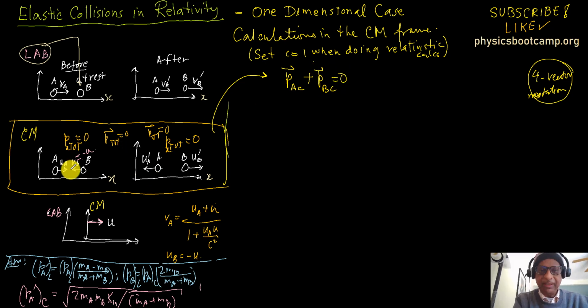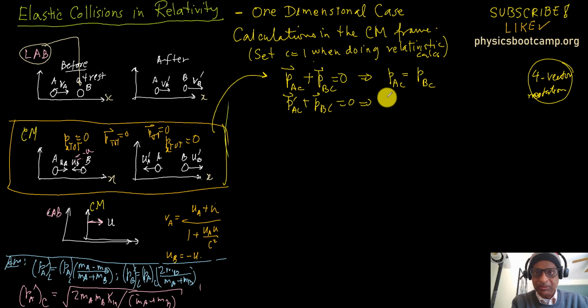Now all along the x-axis, so this just means PA in magnitude equals PB in magnitude. And similarly, P prime AC plus P prime BC equals 0. This just means P prime AC magnitude equals P prime BC. I'm using C to denote we are in the CM frame. These same symbols were used for the lab frame and can be confusing.